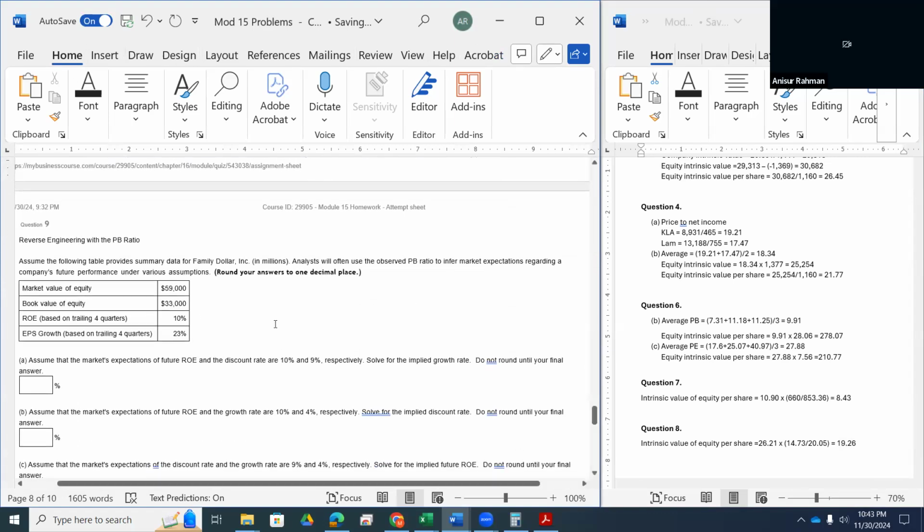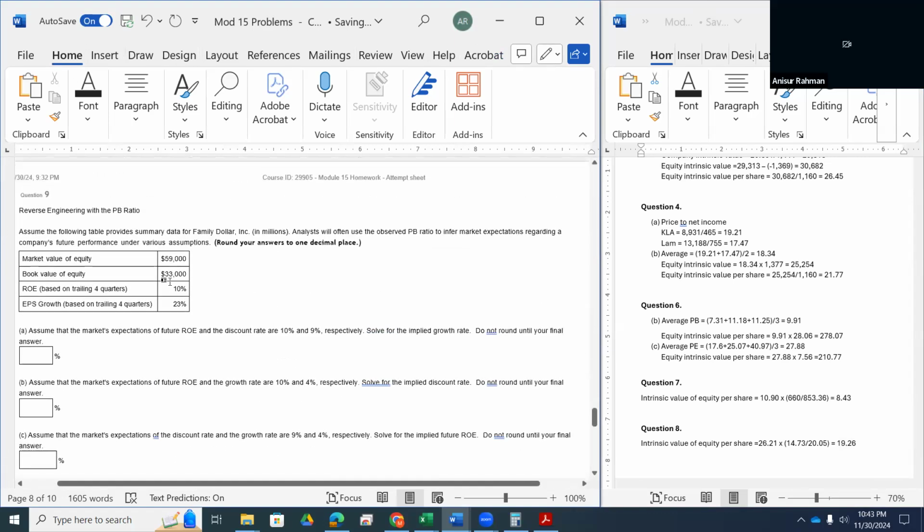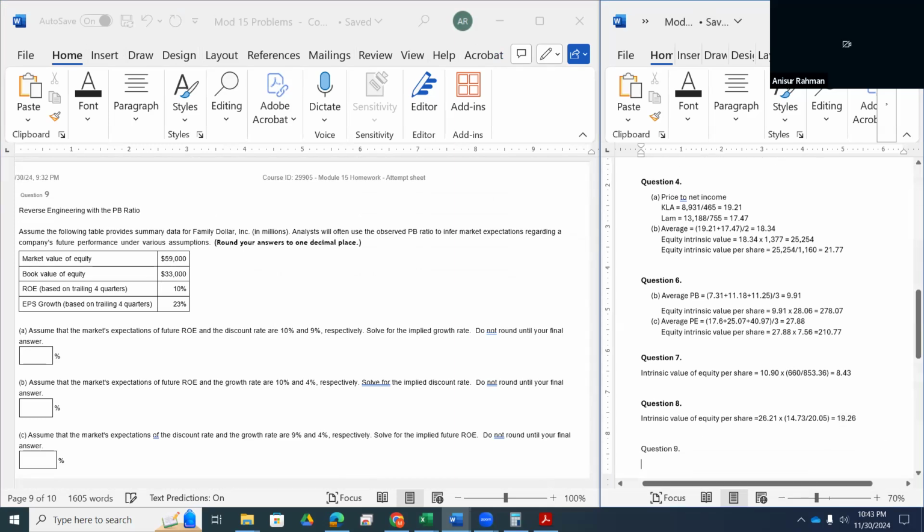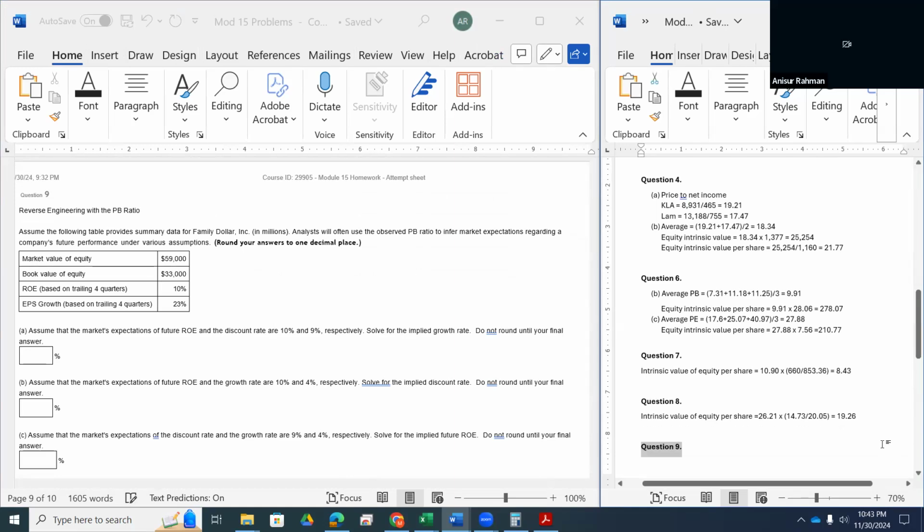Now, question 9, reverse engineering with the PB ratio. We have this information.